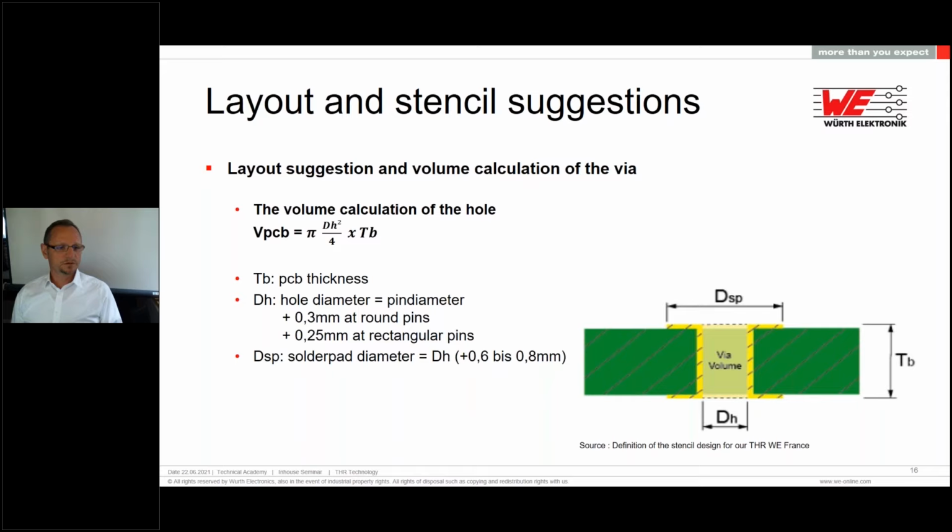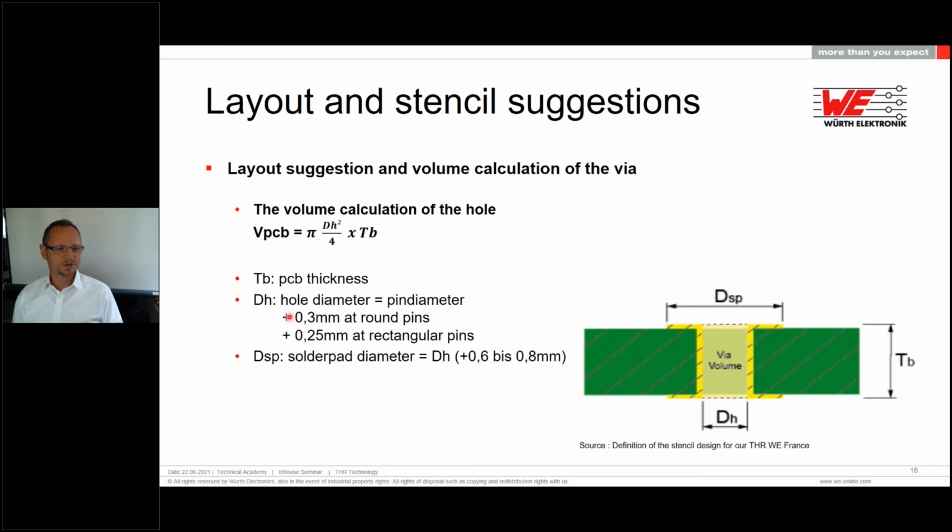And if you look at the formula here, you can see T stands for the PCB thickness. Then we have the volume of the via, which is important to know, so we have to calculate that. And inside here, the pin will be inserted. Depending on what kind of shape your pin has, if it's a round pin or a rectangular pin, you have different hole diameters.